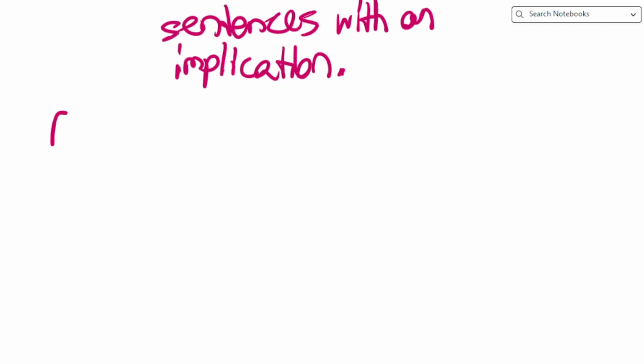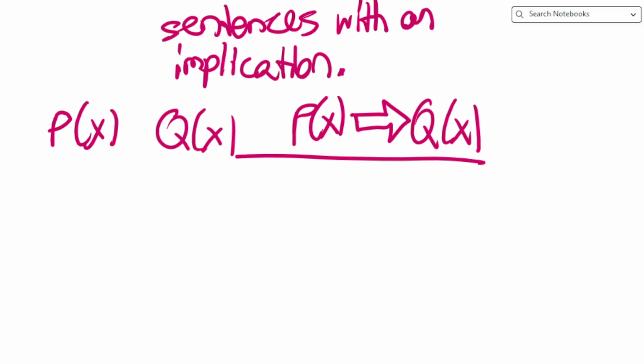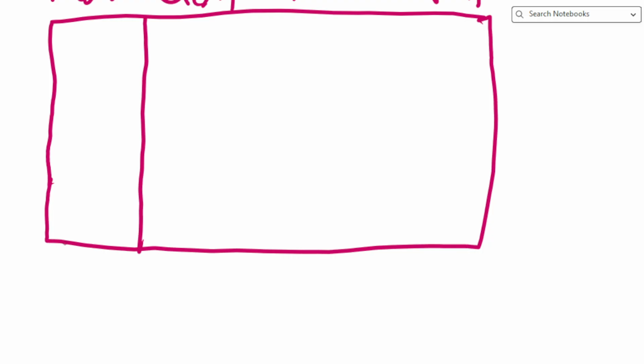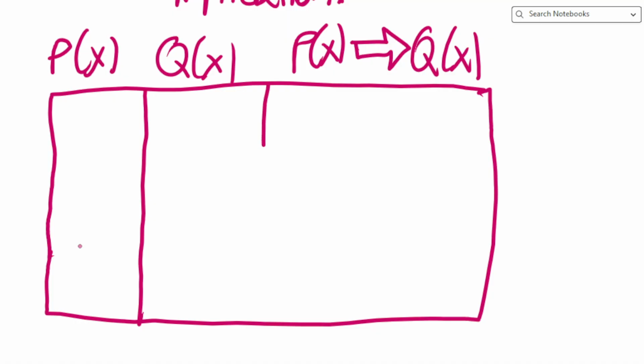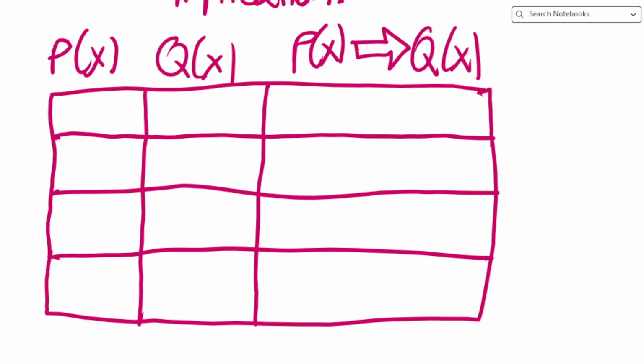So we have our two open sentences, we have our implication, so we'll have four different possible combinations, or four different columns. So we'll put in our truth values here.